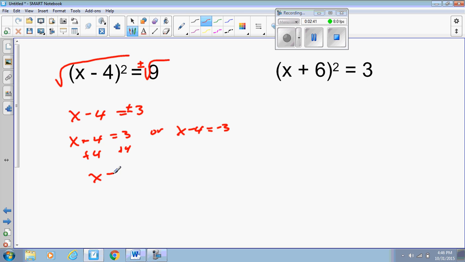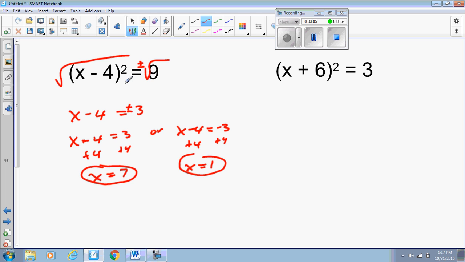And I get x equals 7. And over here, I'm going to add 4 to both sides, and I'm going to get x equals 1. And those are my two solutions. And I can check to see if they work. 7 minus 4 is 3. 3 squared is 9. That's good. 1 minus 4 is negative 3. Negative 3 squared is also 9.